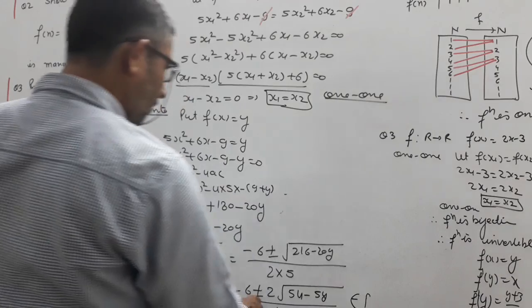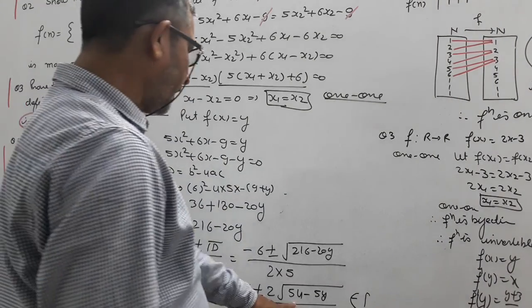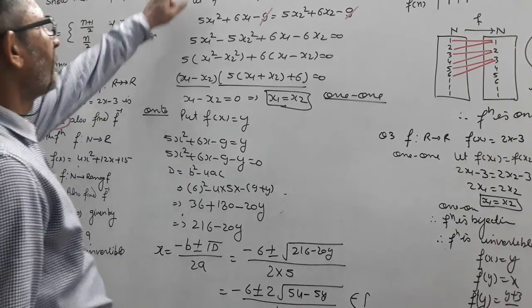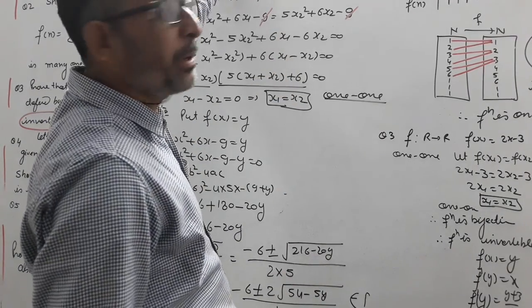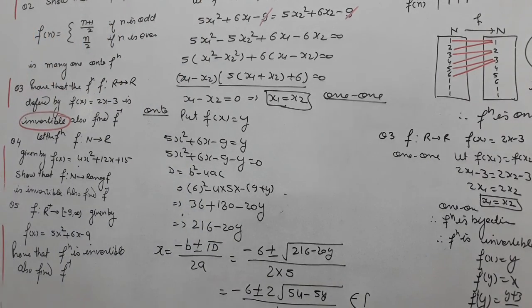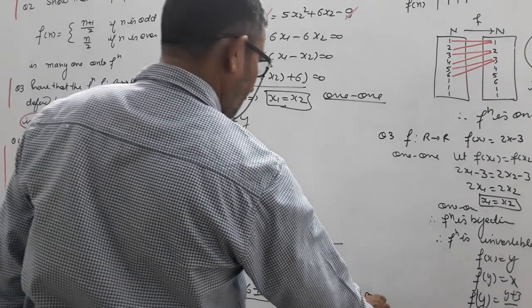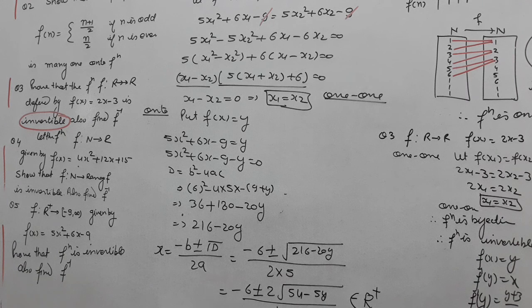This value is always a positive quantity, because the negative is rejected. The value of y lies between minus 9 to infinity. So this one is positive, neglect the negative sign. This belongs to R positive. Therefore the function is onto.